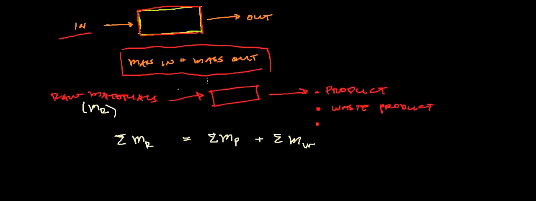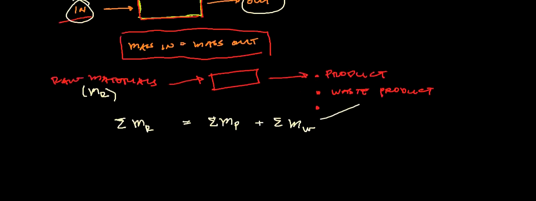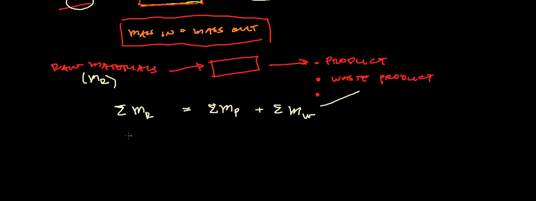As you can see here, having this concept, we can now broaden our equation by having these raw materials as our input and the product and the waste product as our output. We can further expand this equation if you have different raw materials.